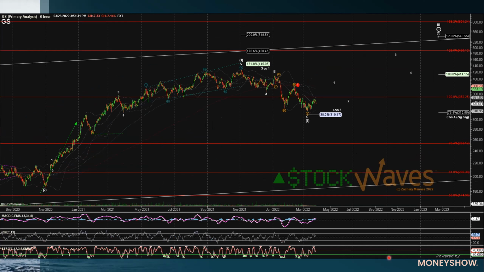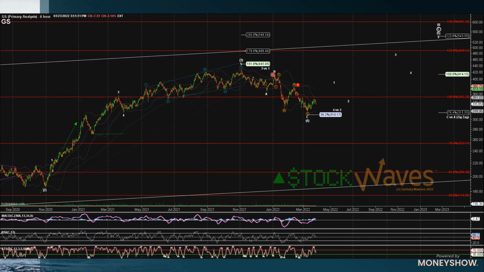Goldman Sachs is another one of these charts that had a very clear ending diagonal completing into the November high. And so it started its A wave of that parentheses wave 4 to the downside well ahead of the rest of the market.